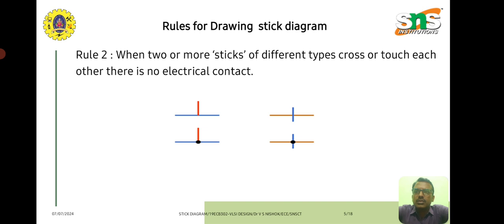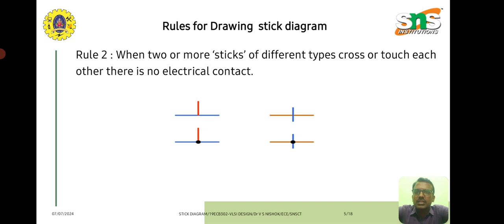Next, rule number 2: when two or more sticks of different types cross or touch each other, there is no electrical contact. In the above two diagrams, polysilicon touching metal gives no electrical contact because these two layers are different types. If we need to make a contact, we use a black dot as shown in the below diagram.